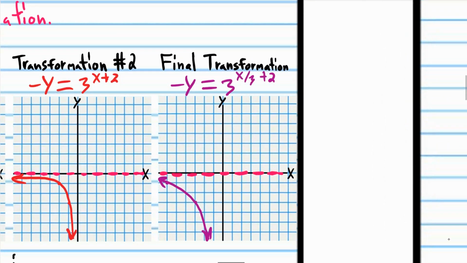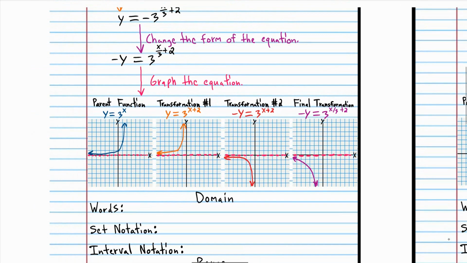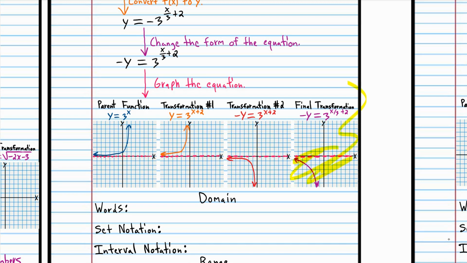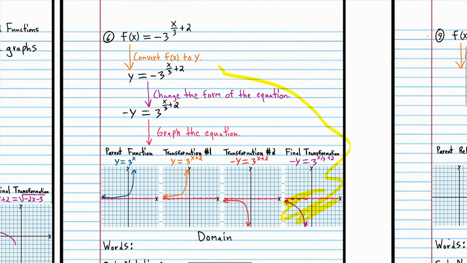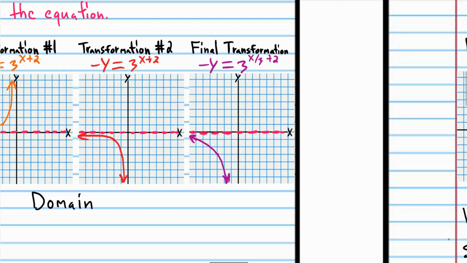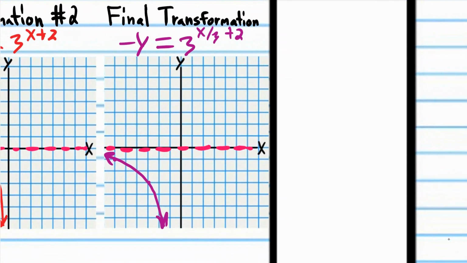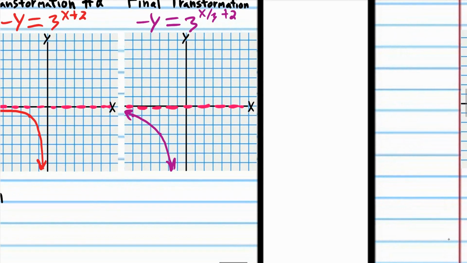So now that we have the graph, we can find the domain and range of the function. This graph here is the graph of this complicated function up here. So what is the domain? What are all the possible x values of the points on this graph? Well, this graph, it doesn't look like it, but there is no asymptote here.